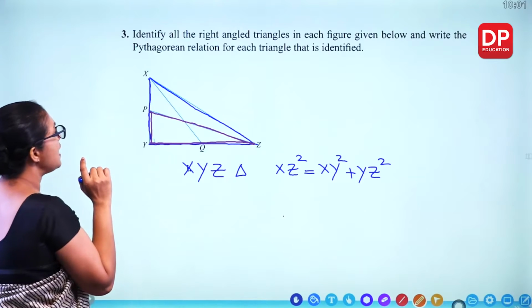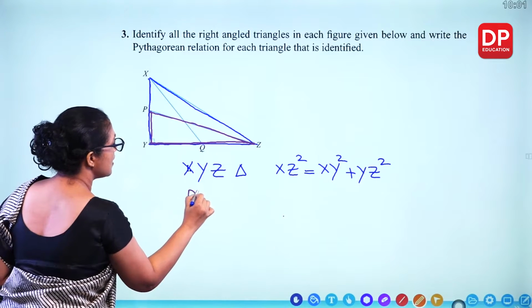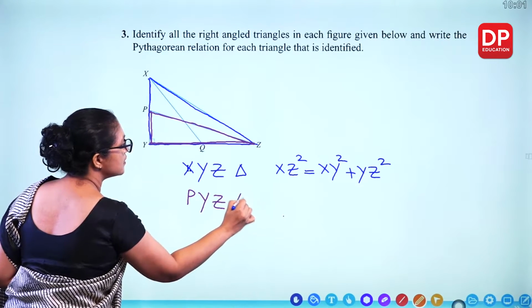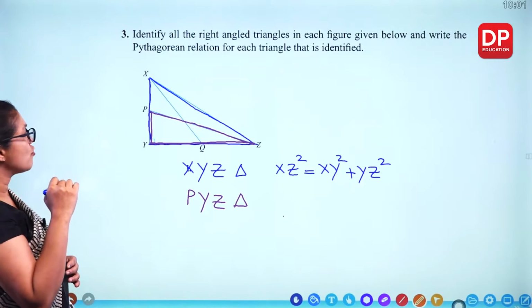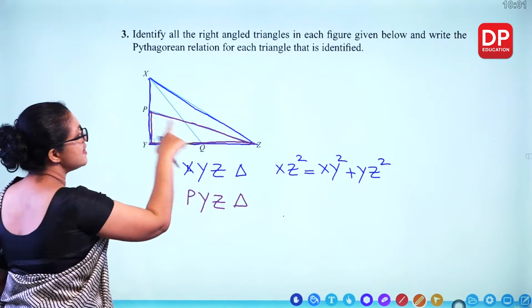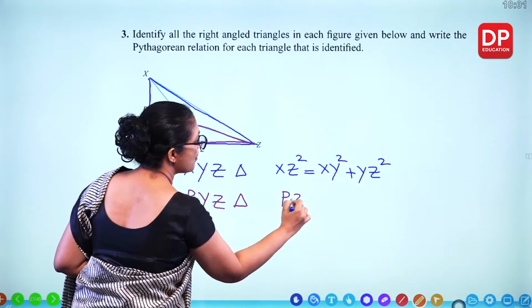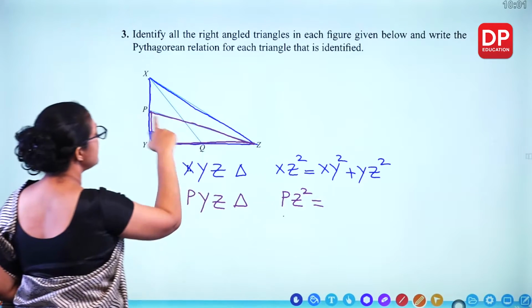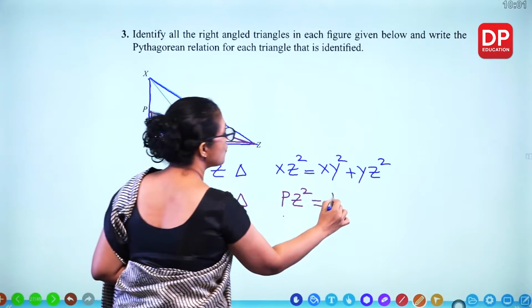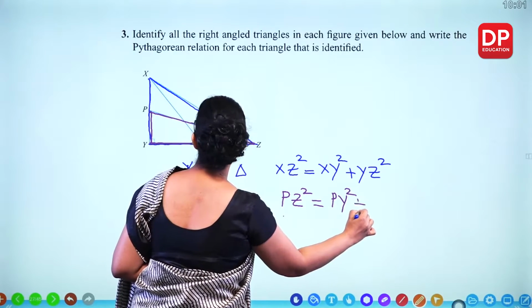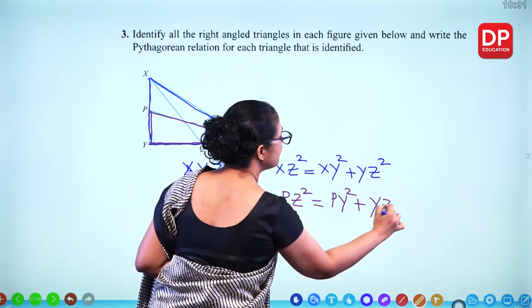What's that? PYZ triangle. What can you say about that triangle? PZ is the hypotenuse. So PZ squared is equal to PY squared plus YZ squared.